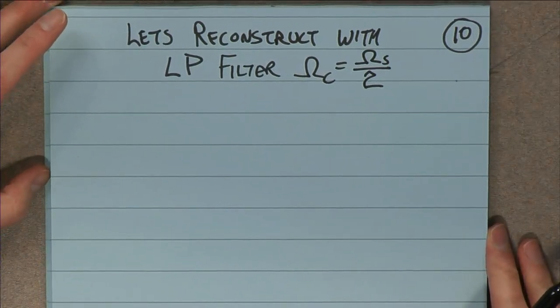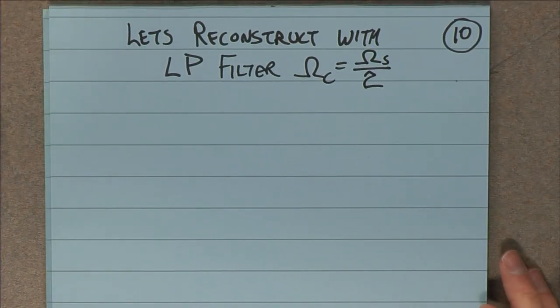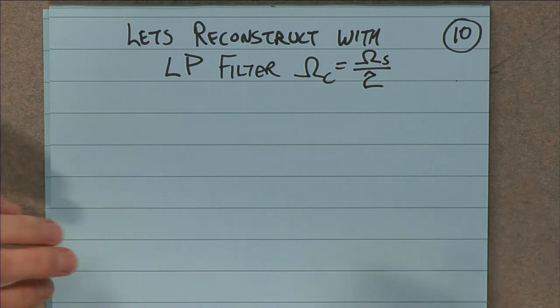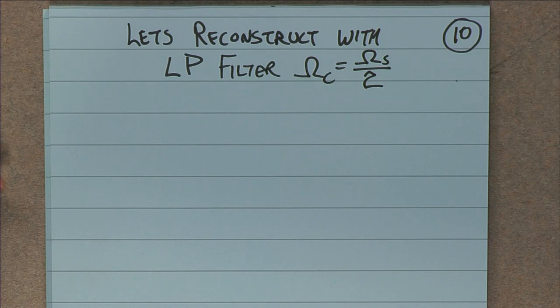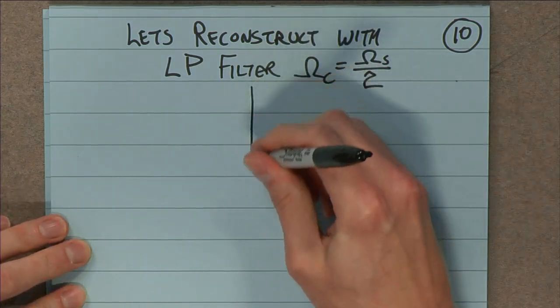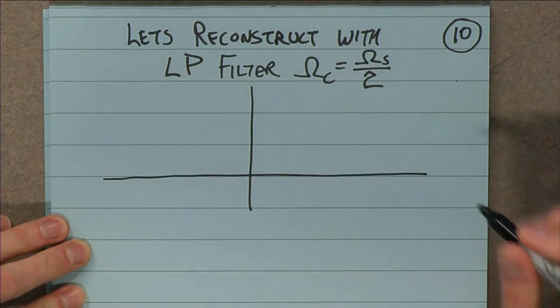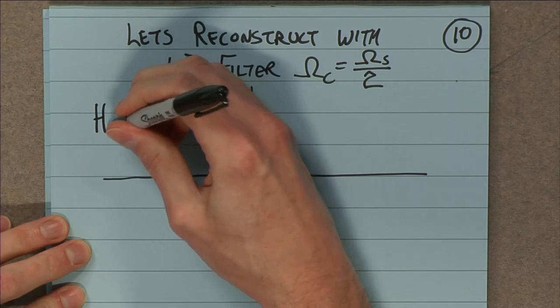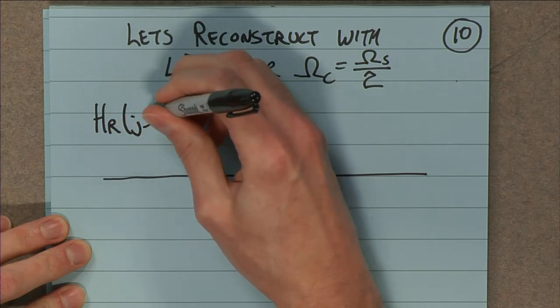To start off, I'm just saying, trust me, ω_s over 2 is the right answer. After we do this example, we're going to go back through and show you why a very popular and reasonable choice is ω_s over 2. But first, let's just do the trust me, it'll work routine.